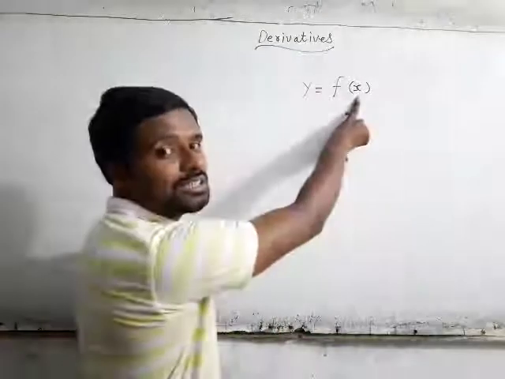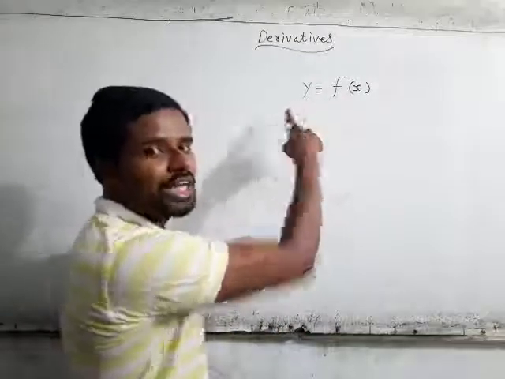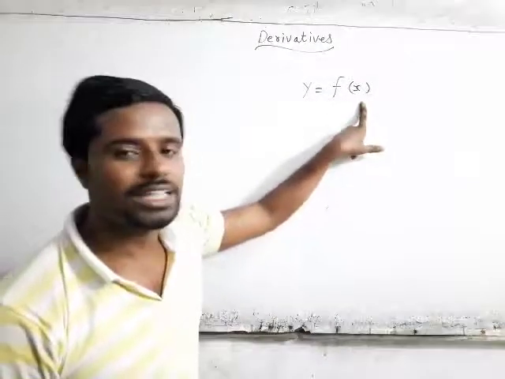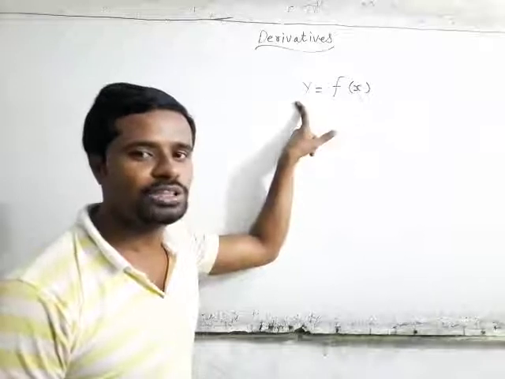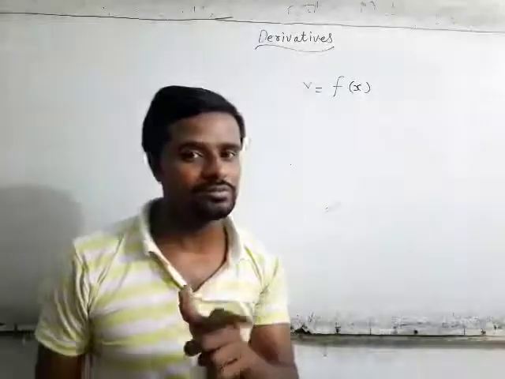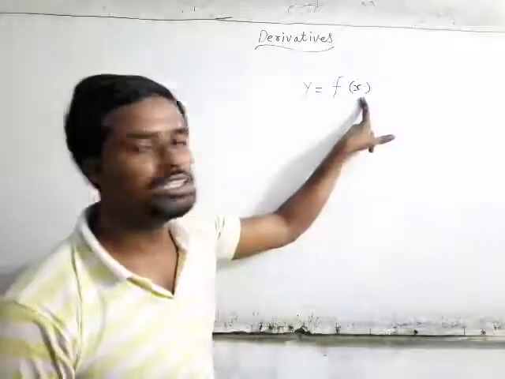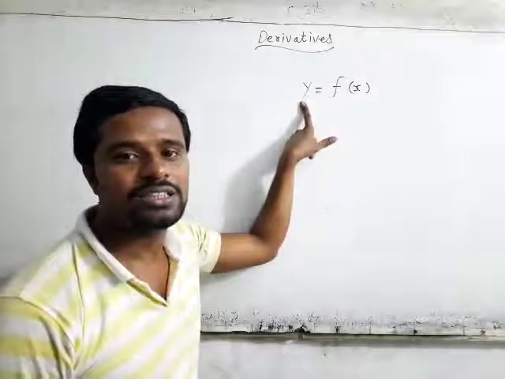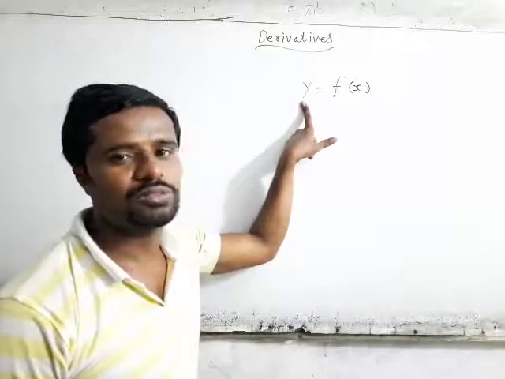So when x changes, y will change. That's why y depends on x. When x changes, y will also change, but when y changes, x will not change. Understand? So x is called the independent variable, y is called the dependent variable. Understood? This is very important for us to know.